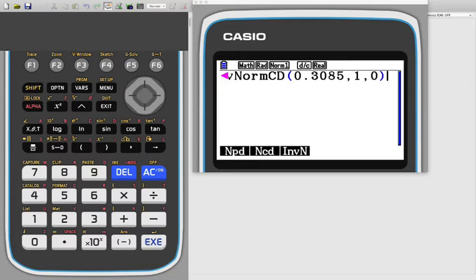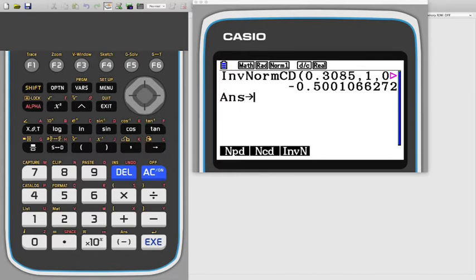Press enter and we get that same value. Then if we press shift, answer and the arrow button, we can store it in a memory. We'll put it in alpha A, enter, and we can use it again.